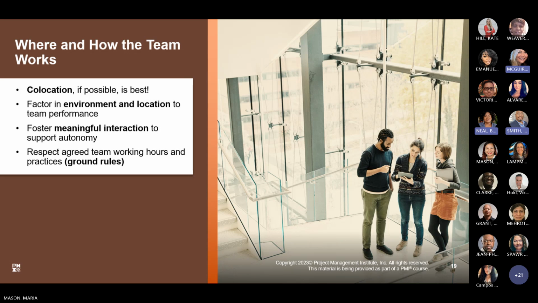And like Maria mentioned, she was recently on a team where everybody was in Dallas except her. She was here in Atlanta, but she never felt disconnected. She always felt like she was a part of the team. And that's part of the leader's responsibility, to create that environment of inclusivity for everybody. The team needs to be able to contribute everywhere and at any time.